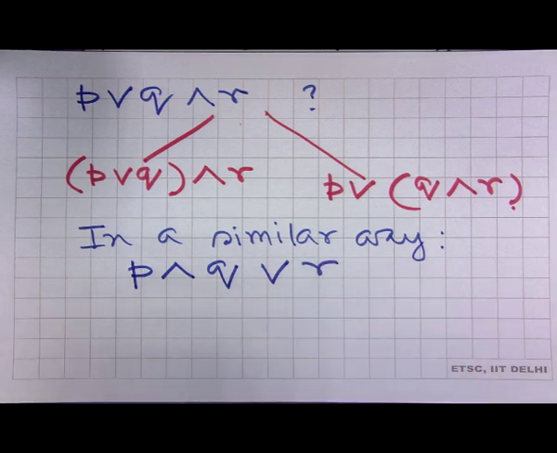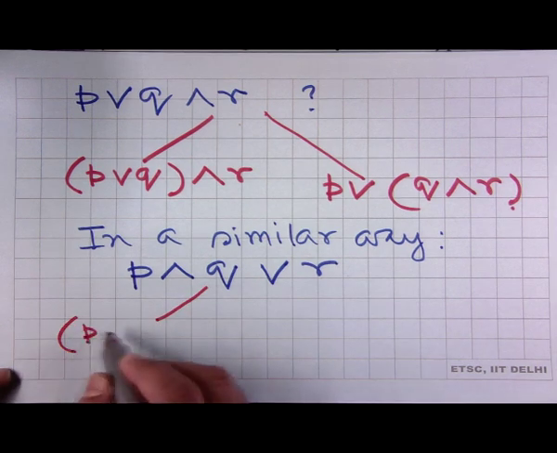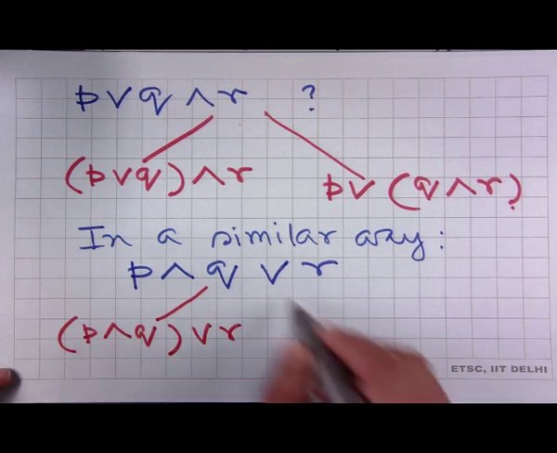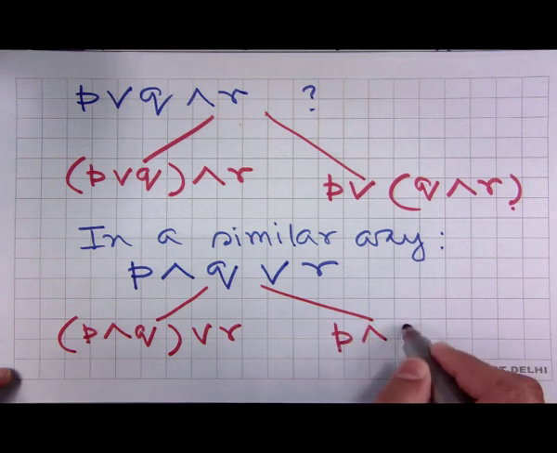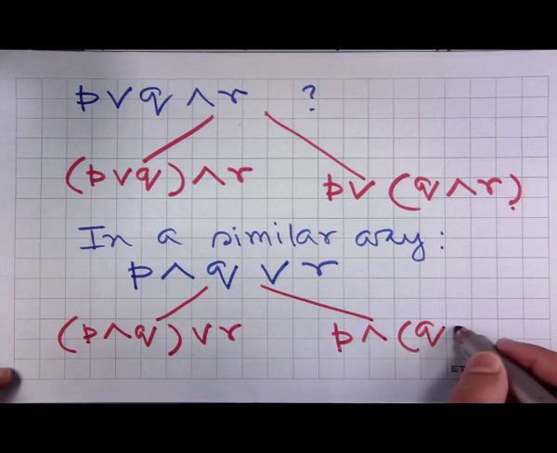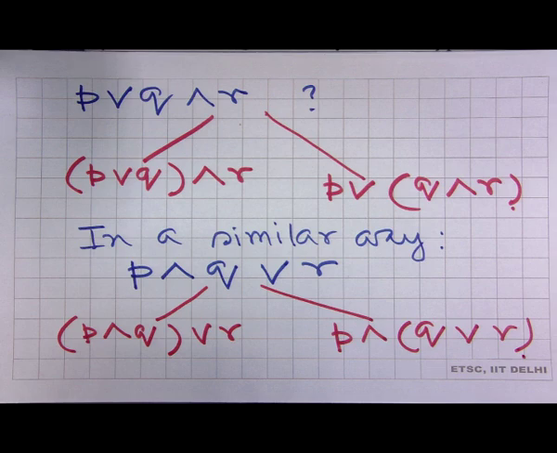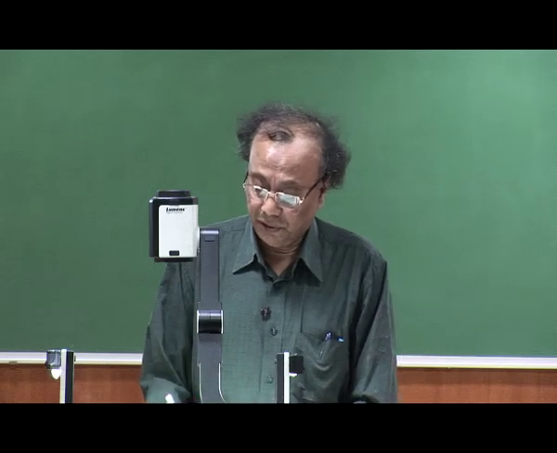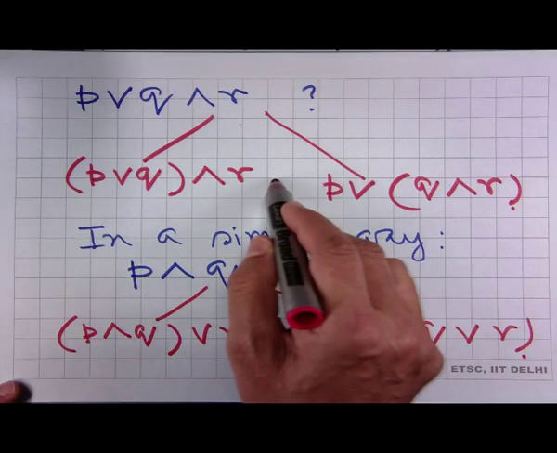As before, it may have two meanings, (P and Q) or R, or P and (Q or R). Which one of them we should take, or more importantly, we should check whether they are equivalent or not.